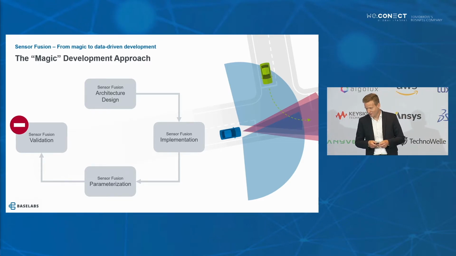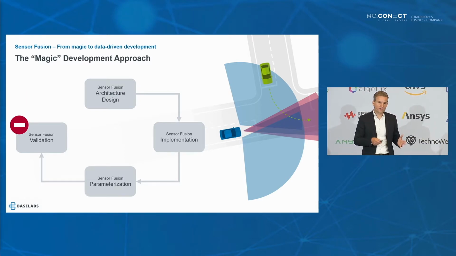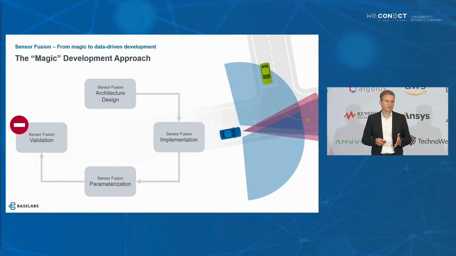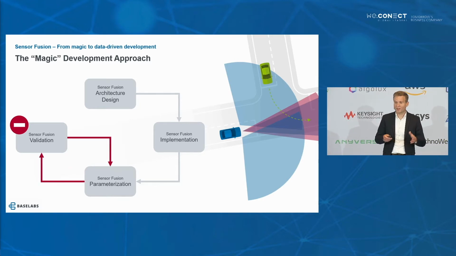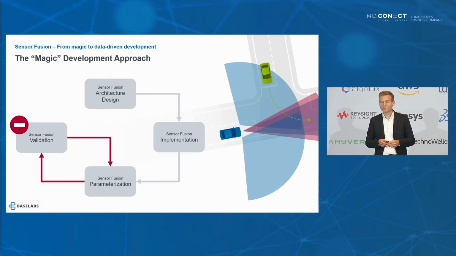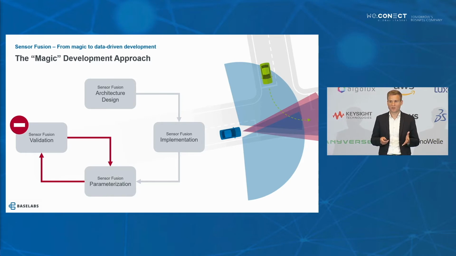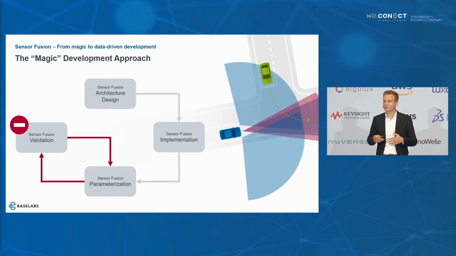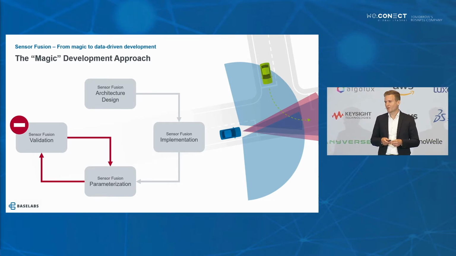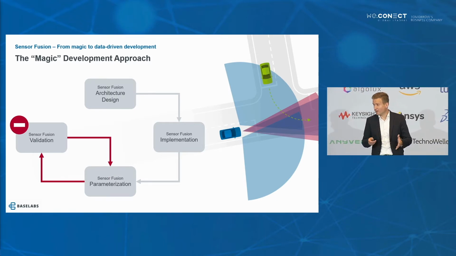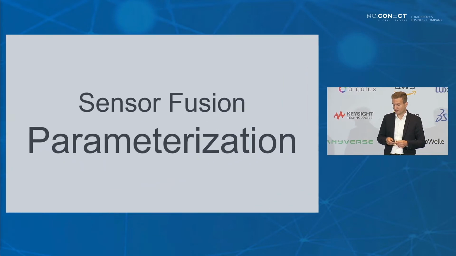How can I make the validation pass? And the very first typical step then is to adjust the parameters of the system, because that's typically the easiest step. For that, the developer does not have to change any implementation, just changing some parameters, and then the system will behave differently.